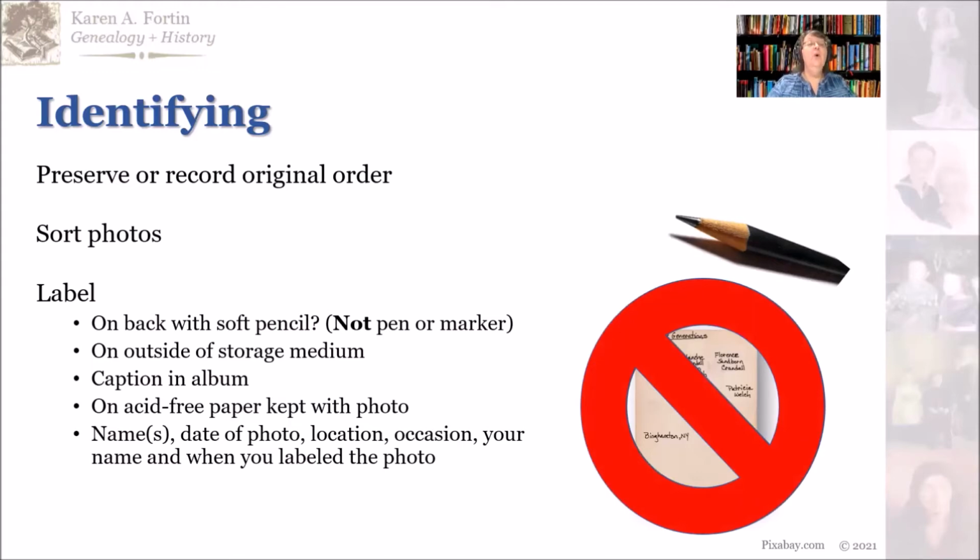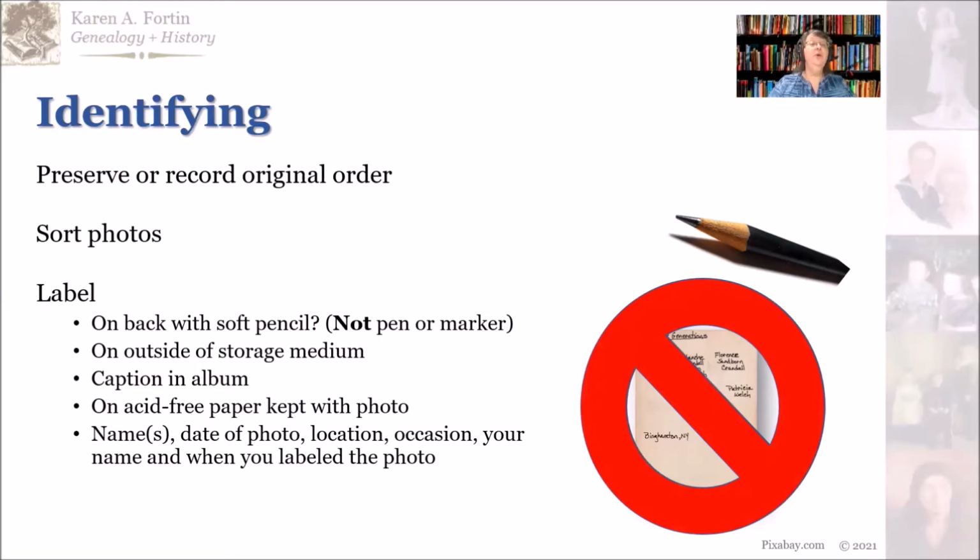You may also choose to label the photo on the outside of whatever storage medium you put the photo in. And we'll talk more about that in just a little bit. If you have it in an album, make sure that the caption is away from the photo on the album paper or adhered to the album paper rather than on the photo itself.